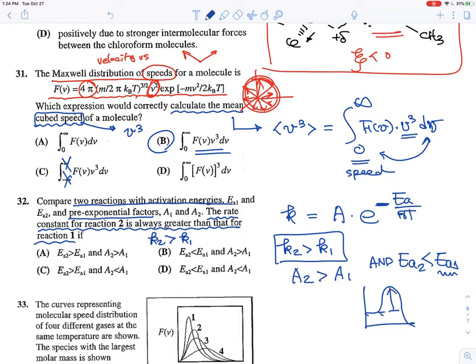If the activation energy is smaller, the reaction is much easier to go over this activation energy barrier, right? So A2 is bigger than A1, and the activation energy for 2 is smaller. So B is the correct answer.